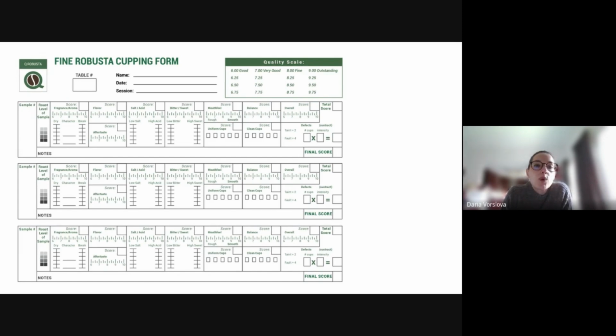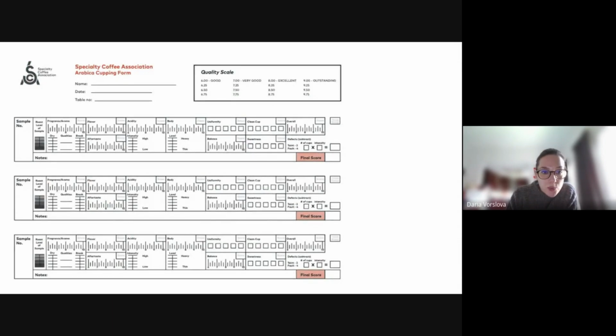And for criteria, let's look through Arabica one more time. We have fragrance, flavor, aftertaste, acidity, which is super important for Arabica, body, balance, and then discrimination criteria like uniformity, clean cup, sweetness, and overall.